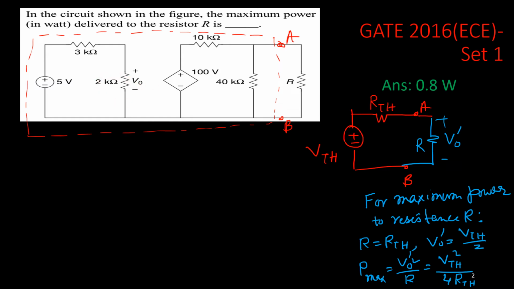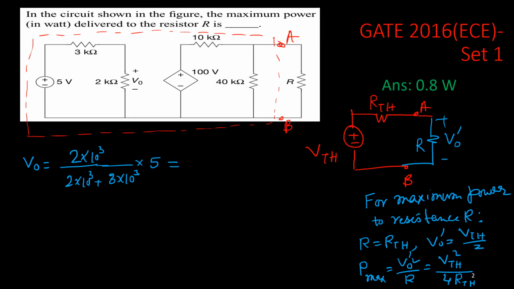So V naught will be 2 into 10 to the power 3 upon total 2 into 10 to the power 3 plus 3 into 10 to the power 3, times 5 volt.